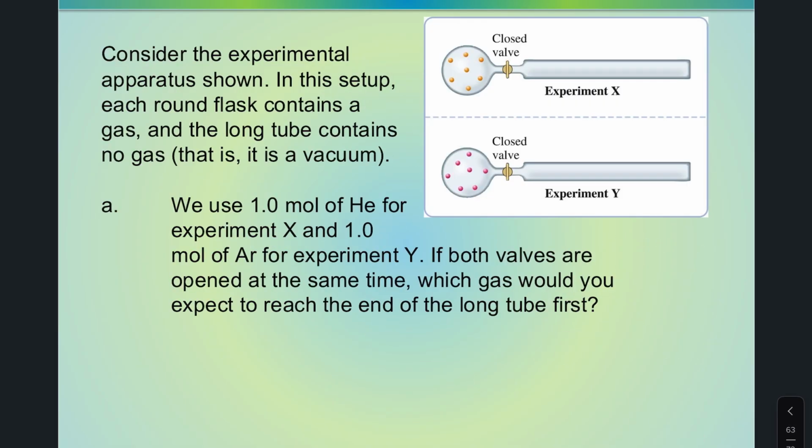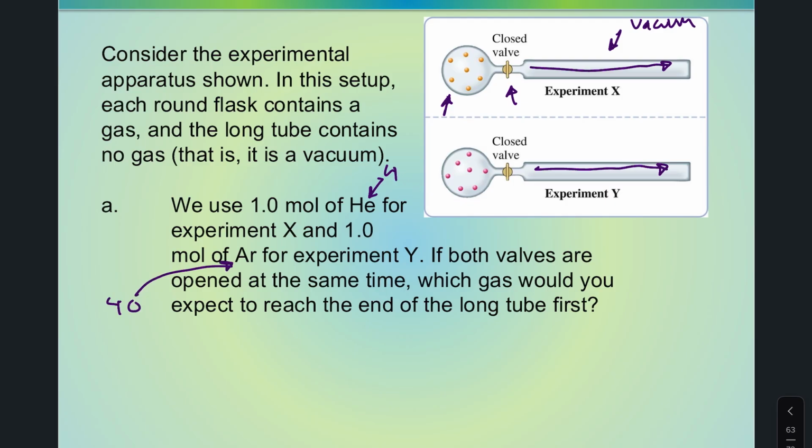Okay, so let's take a look at this setup real quick. Go ahead and take a look at it and see if you can answer this question here. Okay, so for helium, the molar mass is 4. For argon, the molar mass is 40.